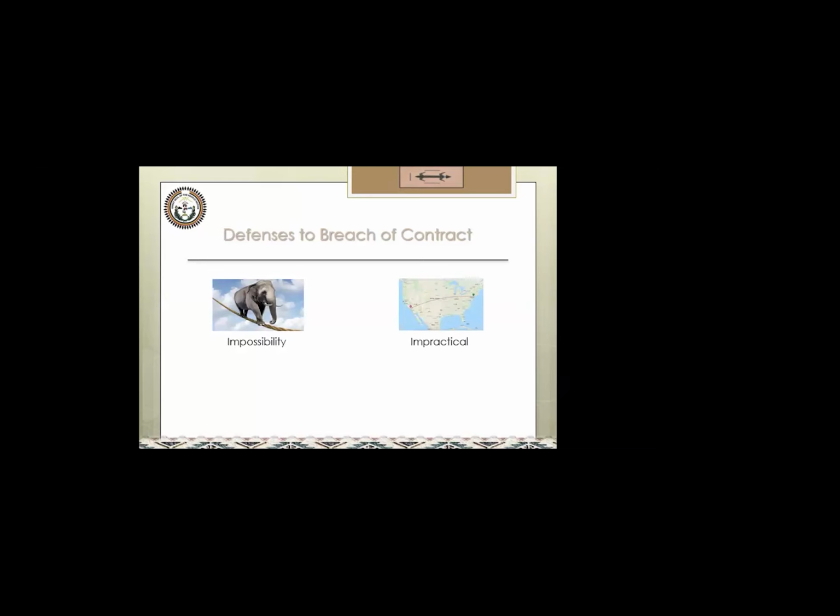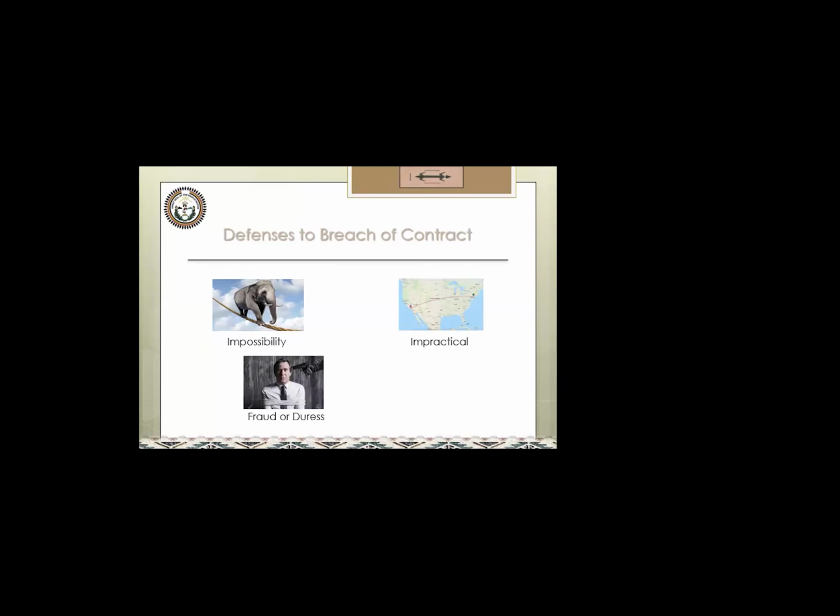Let's say a snowstorm hits the East Coast like it usually does around winter, and now you have to use ground transit. It's going to take a week to get to Los Angeles. So delivering in one day by air is impractical. You can't do it due to unforeseen circumstances.